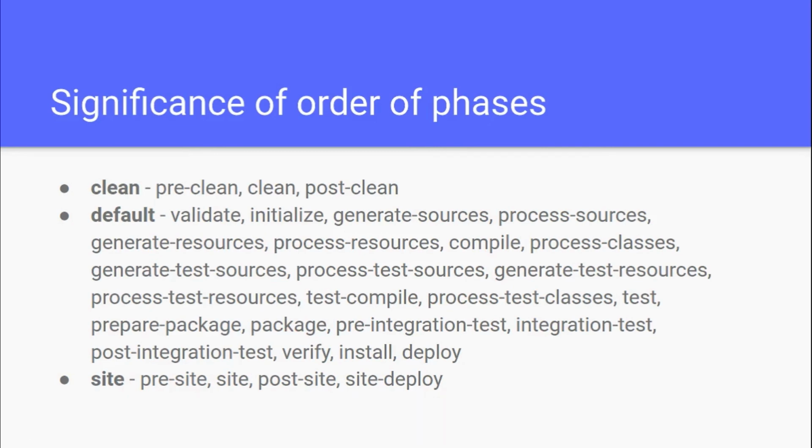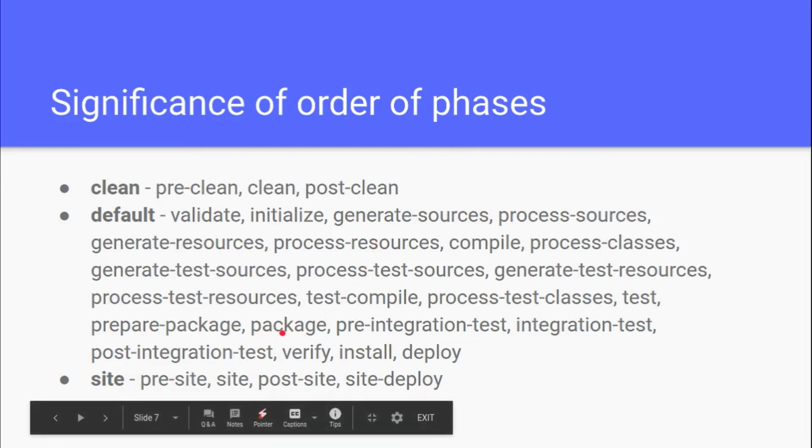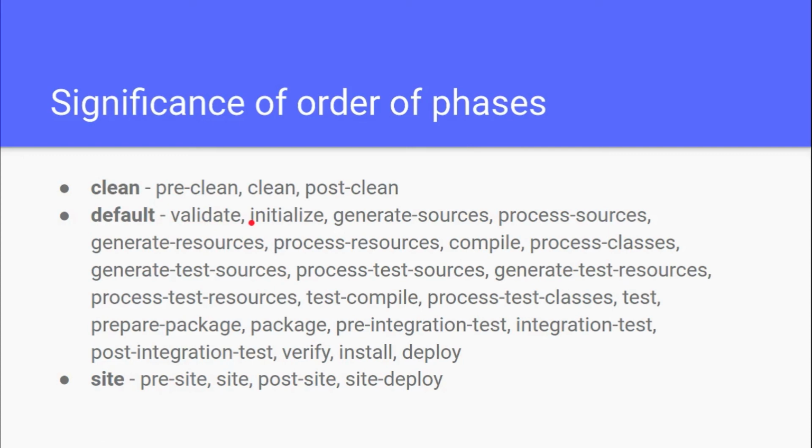Actually, Maven is running all these phases. If I run mvn package, Maven identifies that package is a phase of the default lifecycle and it runs all the phases of the default lifecycle up to package. For example, if we run compile, Maven will run validate, initialize, generate sources, process sources, generate resources, process resources, and compile.